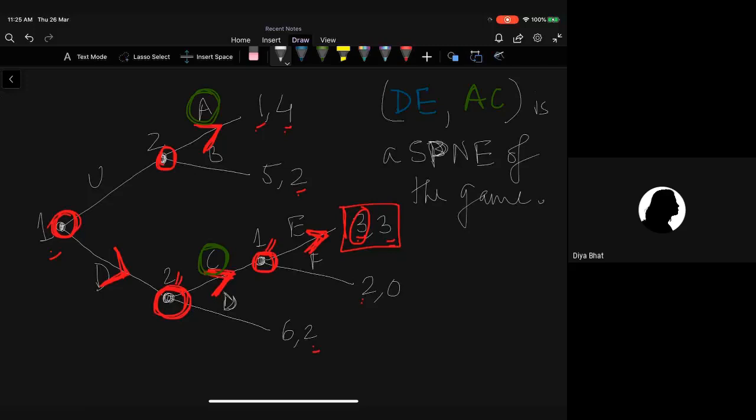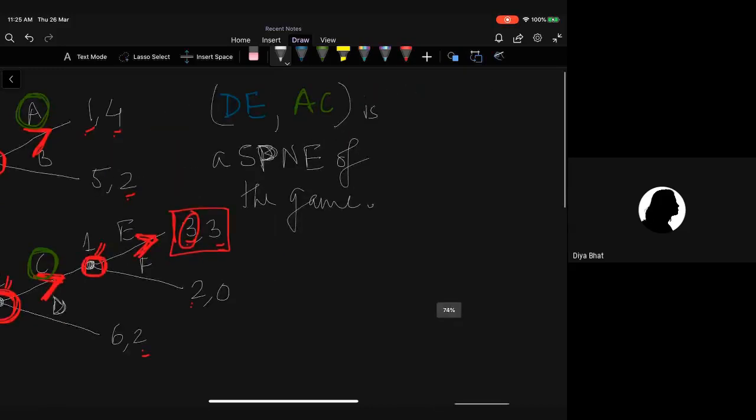Again, you can write down the normal form expression of the game. It will be a 4 by 4 matrix, right? Because there are four possible combinations of actions for player one.